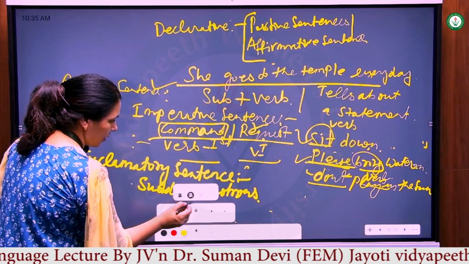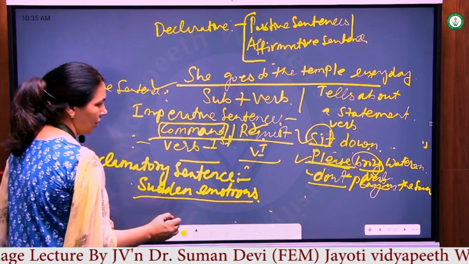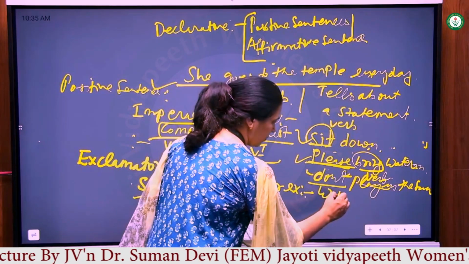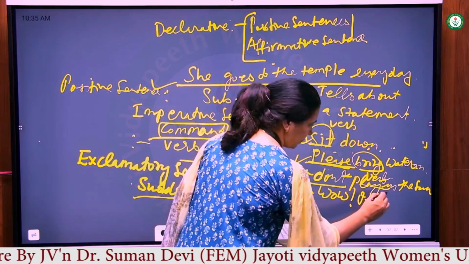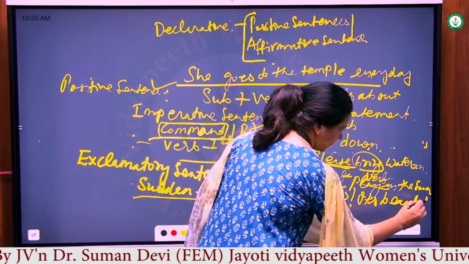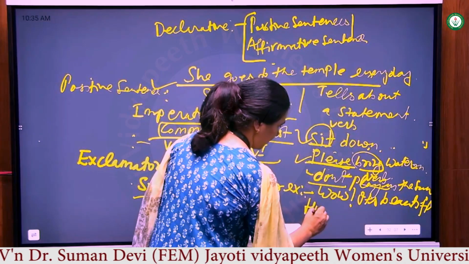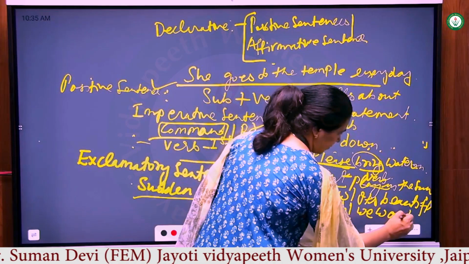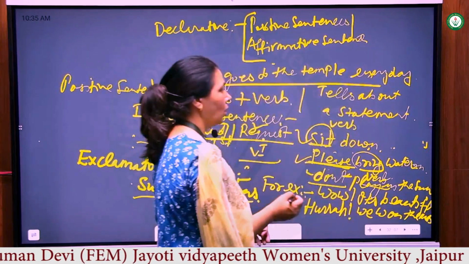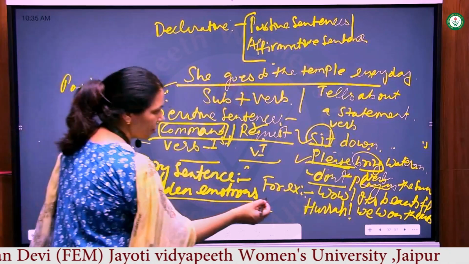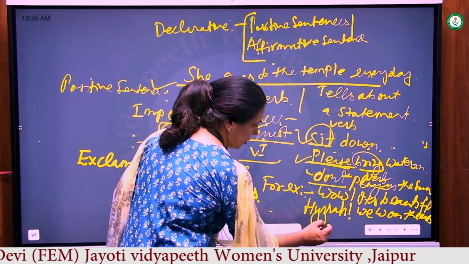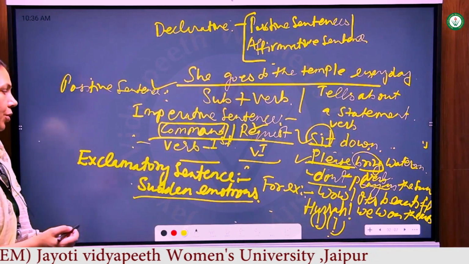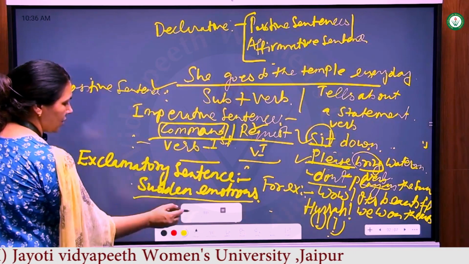So there we use sudden emotions. For example, wow, it's beautiful. Hooray, we won the match. Such kind of sentences end with these points. This is the symbol of exclamatory sentences. So here we have discussed 4 types of sentences.